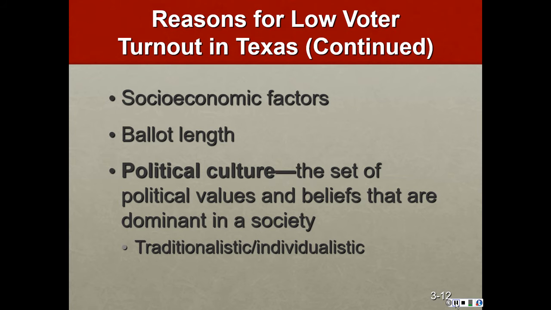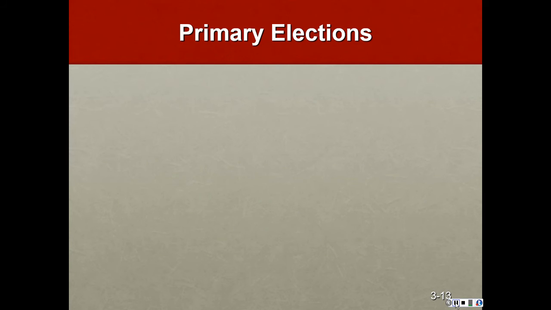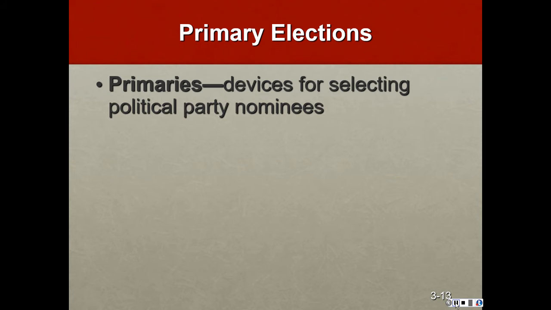Voter turnout is very low in the United States and also in Texas. But now let's actually get into the election process. There are a number of things to cover here. Our first thing is going to be something called a primary election. And this is simply the election for selecting political party nominees.